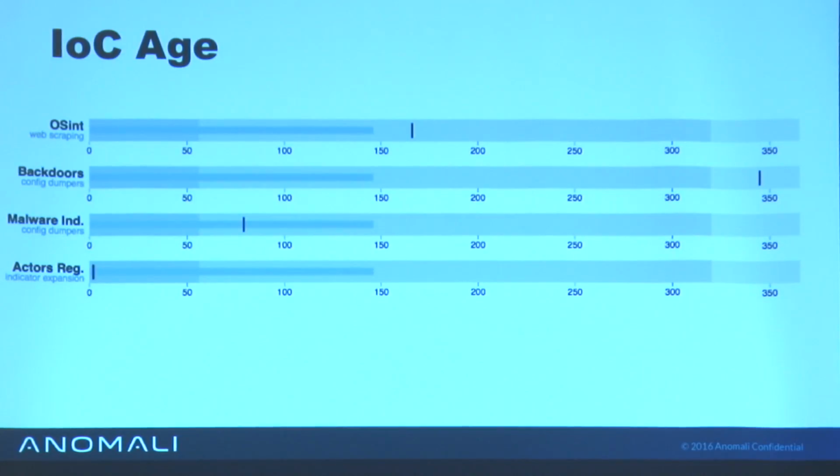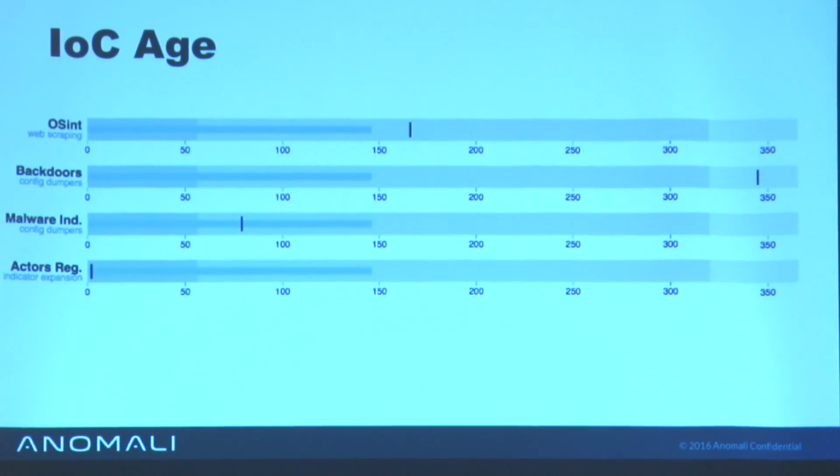So if we take a look at this again, remember the indicator expansion-based methodologies of creating indicators took a lot of human resources, and it's not really intellectually challenging. And the config dumping methods of creating indicators seems to be really intellectually stimulating, but it was creating many, many indicators.